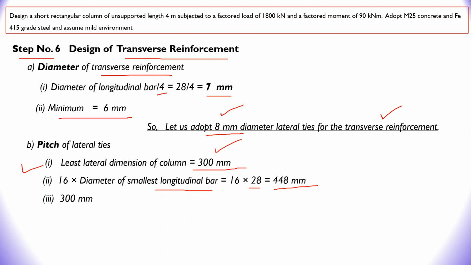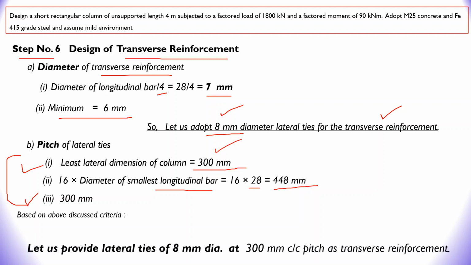And the third limitation is that the limit is 300 millimeter. So based on all these three parameters, we have decided that we will provide lateral ties of 8 mm dia bar at 300 millimeter center to center spacing, which is called the pitch, as transverse reinforcement.